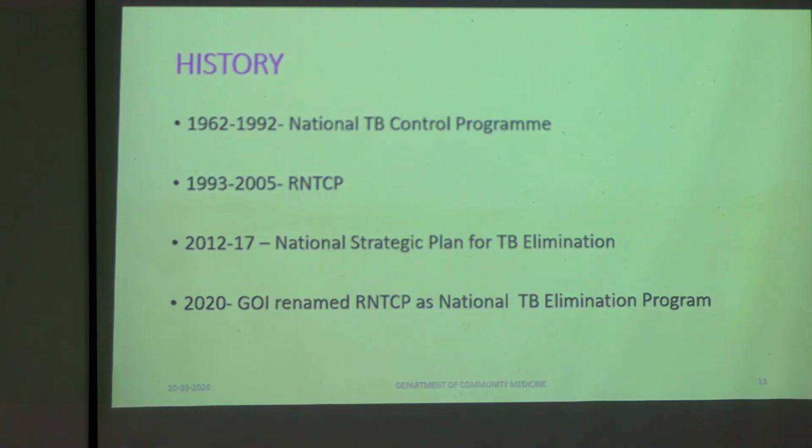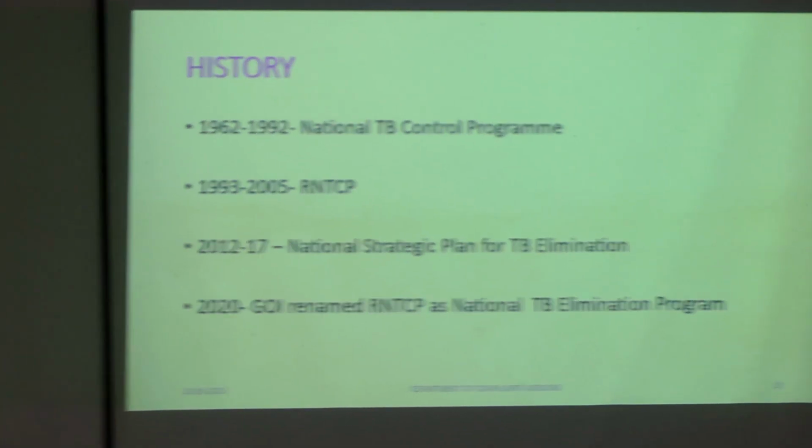Now the question is, why is it elimination and not eradication? Only one disease we have eradicated from the world, which is smallpox. Eradication means complete tearing out from the root, like there is no agent. If the agent is there, you cannot eradicate. Extermination of the agent.